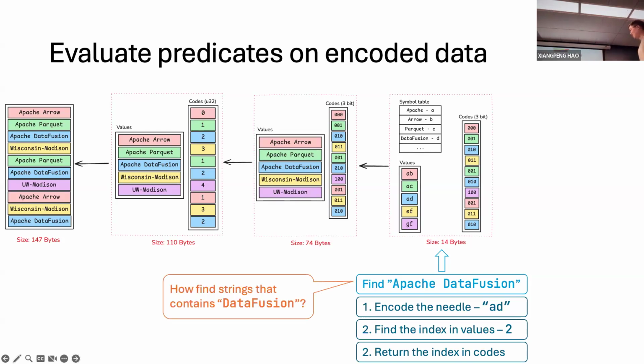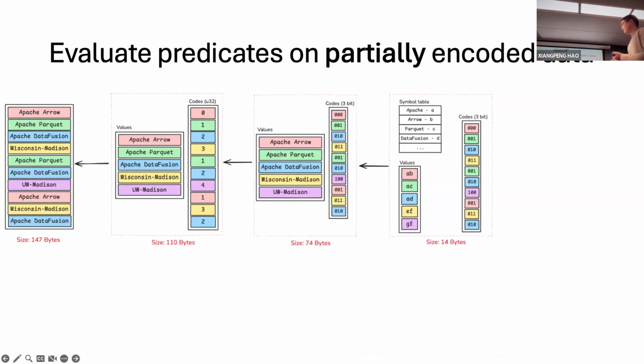And this is an easier case, and a more involved case is how can we find strings that contain DataFusion, which becomes a substring match. In that case, most systems will first try to evaluate the predicates on the encoded value. If it doesn't work, then we have to decode all the way to the original form. What we do is we can evaluate the predicates on partially encoded data.